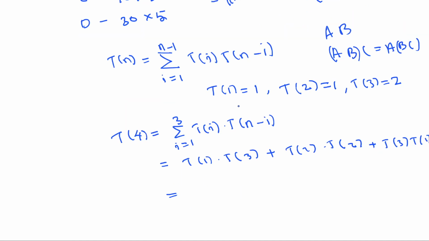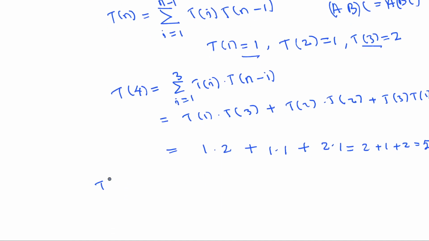We know T of 1 is 1, so 1 into T of 3 is 2, so 2, plus T of 2 is 1 into again T of 2 is 1, plus T of 3 is 2 into T of 1 is 1. So this will be 2 plus 1 plus 2, that is equal to 5.